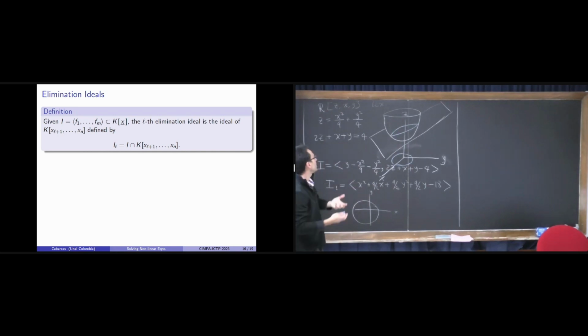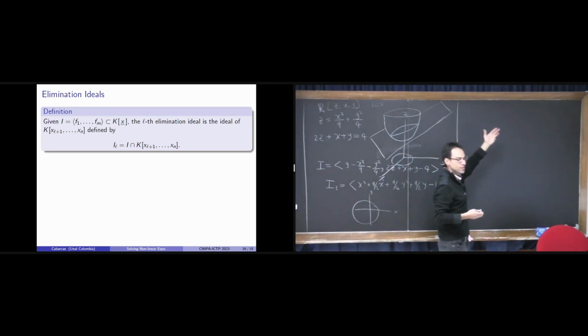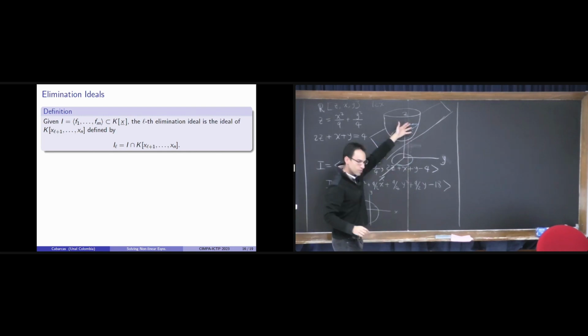And to do that, we include the rest of the equations. This solution probably lifts to a solution up here. Each solution here corresponds to a solution of the actual equations, right?